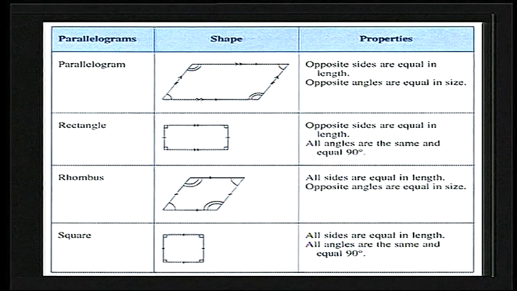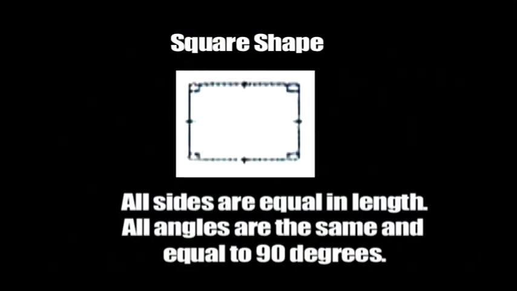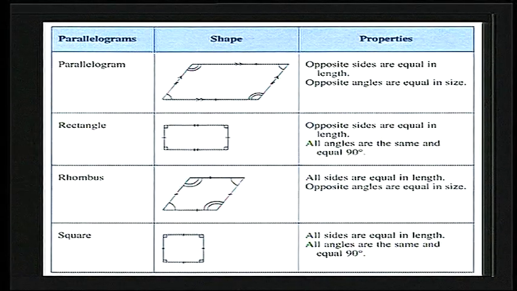Now the last one is the common one. It's a square. A square, we all know that all the sides are equal and each angle of a square is 90 degrees. It shows a right angle at the end of each angle.